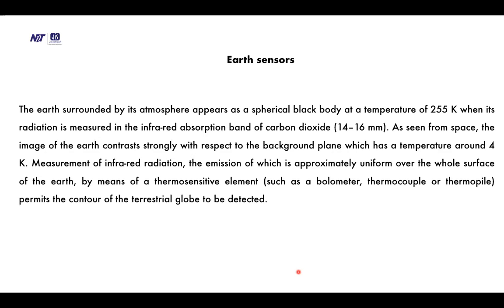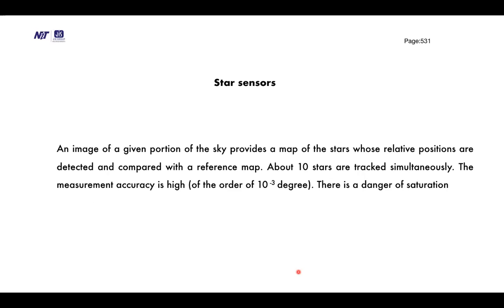Measurement of infrared radiation, the emission of which is approximately uniform over the whole surface of the Earth, by means of a thermosensitive element such as a bolometer, thermocouple or thermopile, permits the contour of the terrestrial globe to be detected.